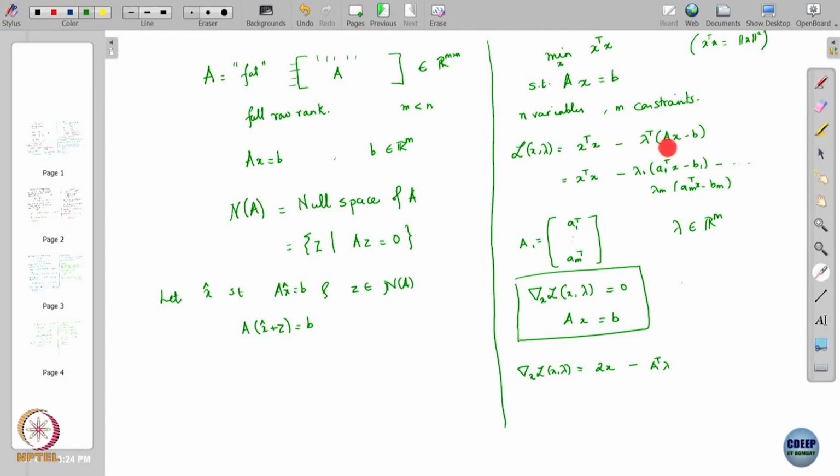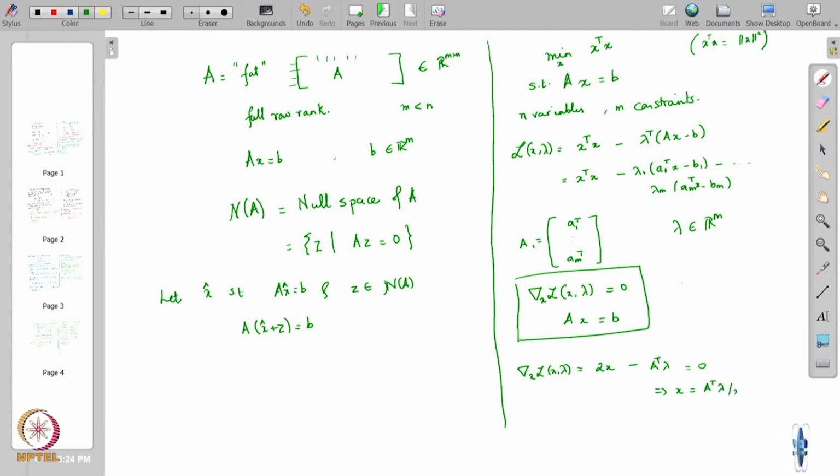It gives me 2x minus A transpose lambda, you can check this. So I need to put this equal to 0. So that gives me that x is equal to A transpose lambda divided by 2.